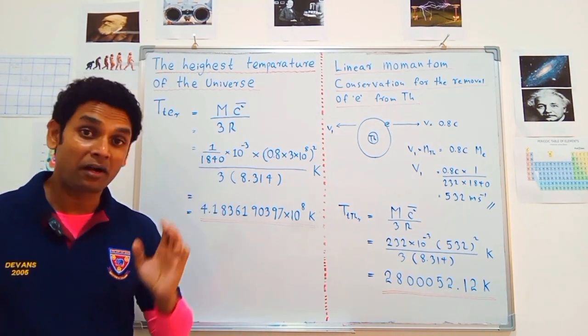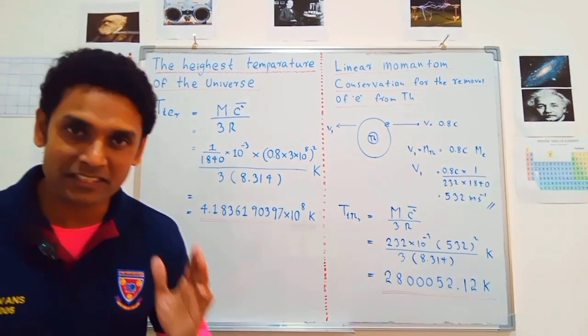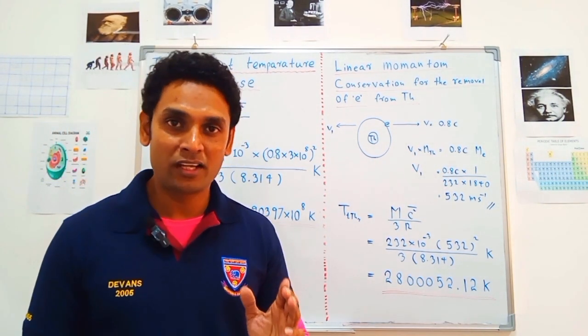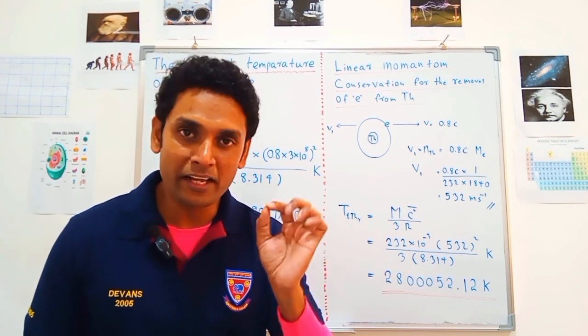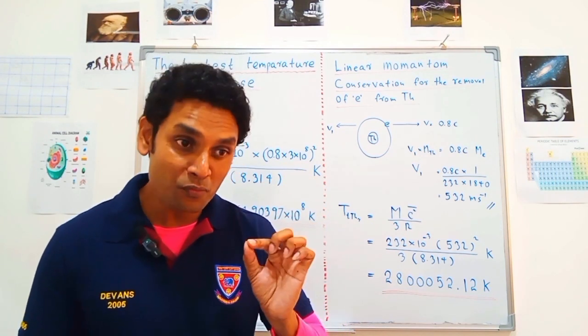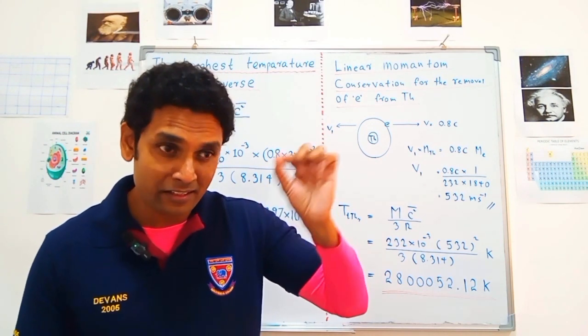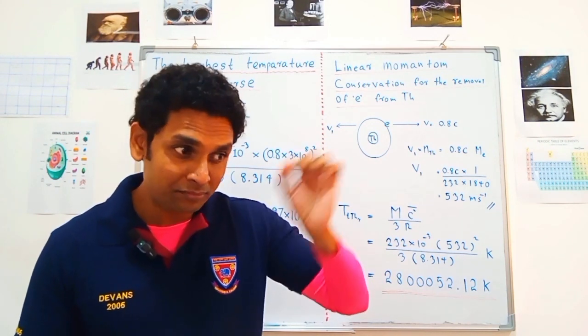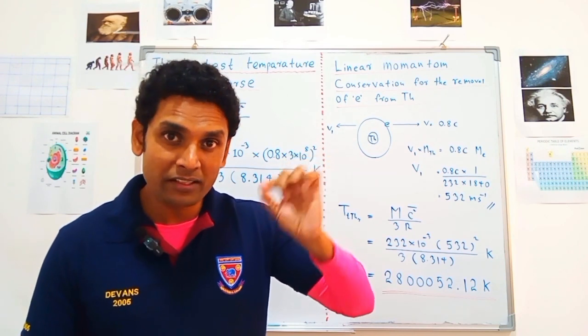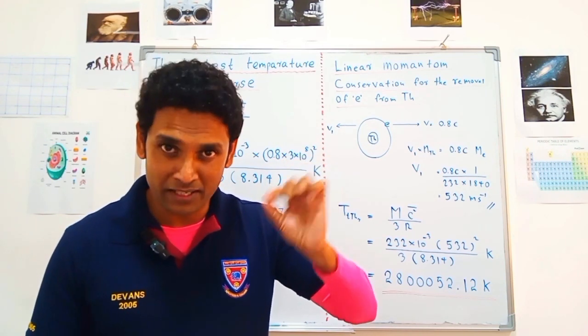But in the cathode ray tube experiment, we have seen that the electron can achieve 0.8 of the speed of light. So now we are going to consider that the electron is moving at the highest temperature. At the highest temperature, the electron is moving at 0.8 of the speed of light.